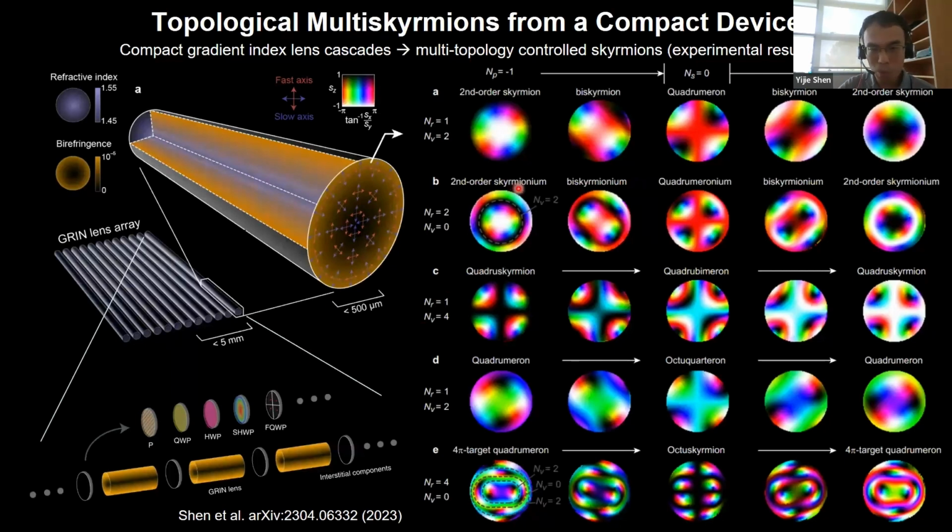If you have two rods, you can have the multi-ring skyrmionium, and with another rod cascaded, complex cascading, you can have a multi-skyrmion, the quadrupole-like skyrmion, also quadrilateral, and even complex skyrmions. All these high topological charge skyrmions come from very compact devices, and we are still working on how to use this compact device in practical information transfer and optical communication using our Stokes skyrmion light.